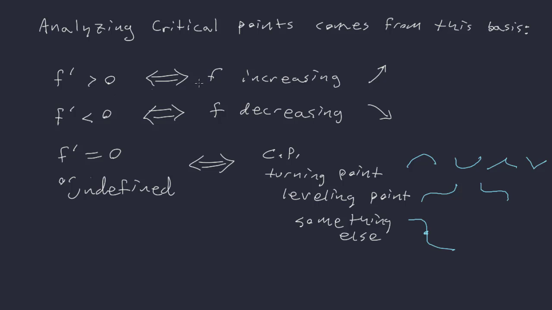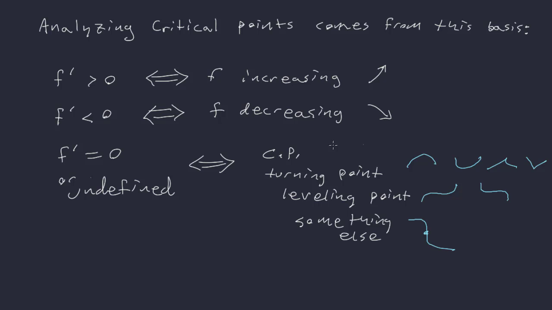So this is really what we are breaking things down into and using to analyze critical points, and that leads us to what is called the first derivative test. It's called that for two reasons: one, it uses the first derivative, and it's the first test that we have for derivatives. So it's first in a couple of ways.